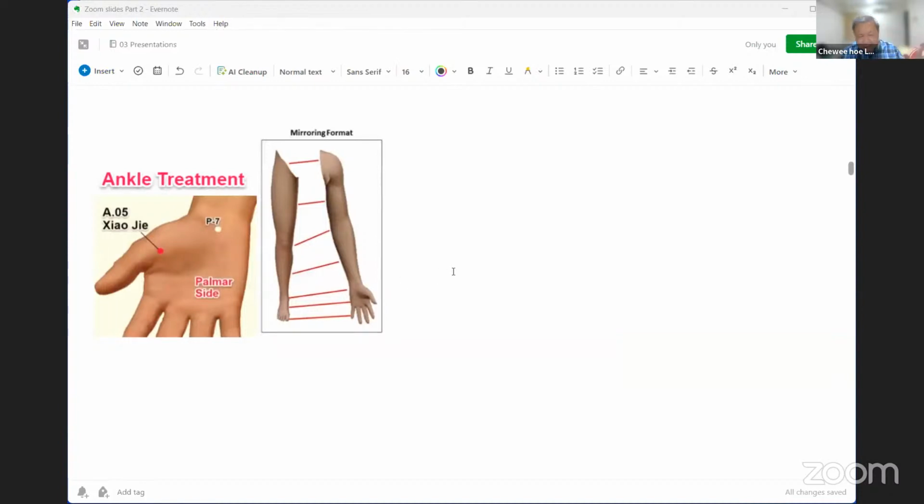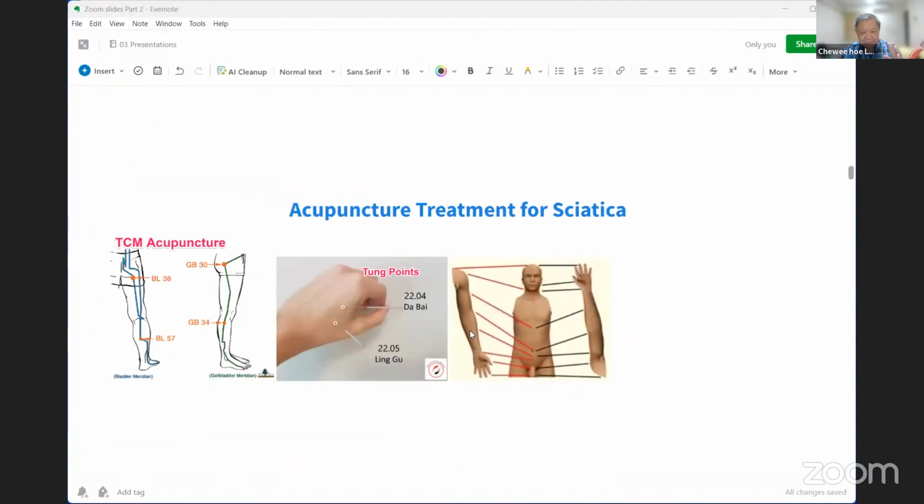There are multiple image systems, multiple correspondences. So I repeat. In this case, the wrist is the ankle. In this case, the wrist is the sacrum area. The wrist is also the neck. If you have a neck issue, you can also palpate your wrist.